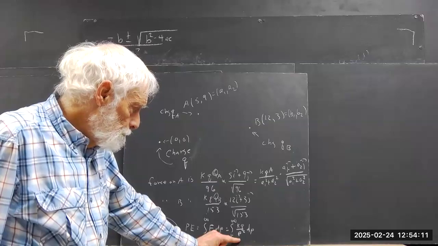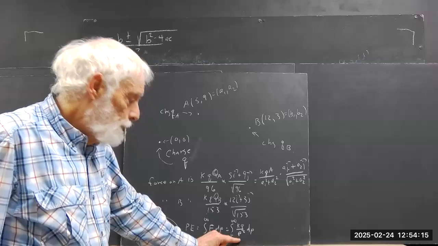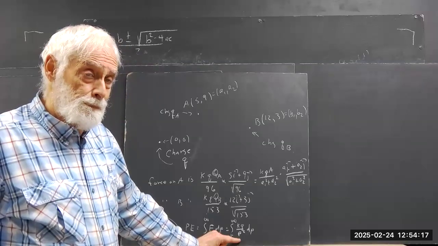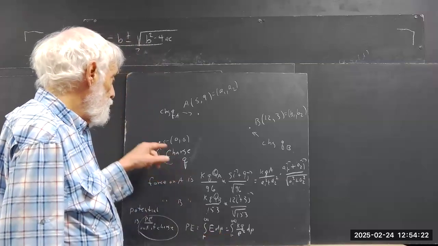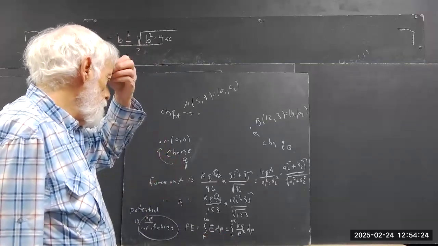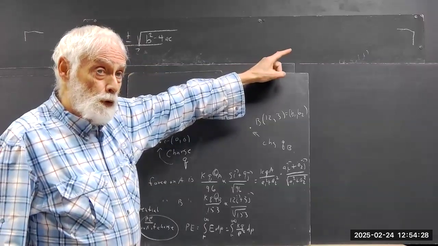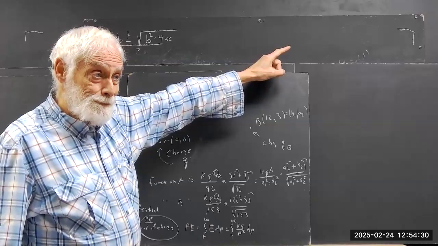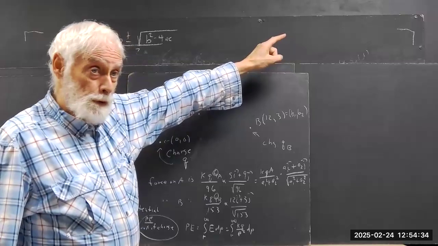So let's just think about it now. If Q here is a positive charge, then your electric field is in the direction toward infinity, isn't it? So you're doing positive work.